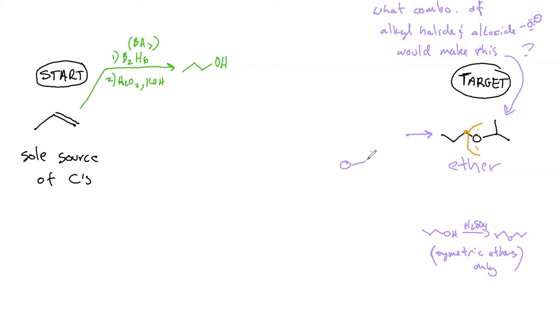So we would want this oxyanion, let's just pair it with a sodium so that we have a counterion. And we would want to combine that then with our 3-carbon fragment with a leaving group, let's say a Br.